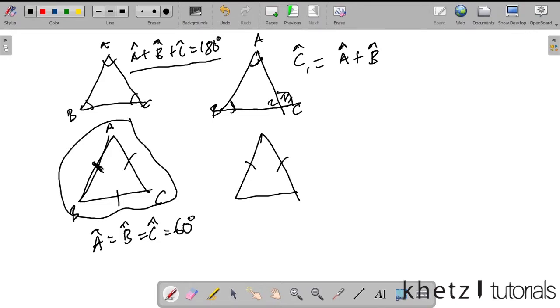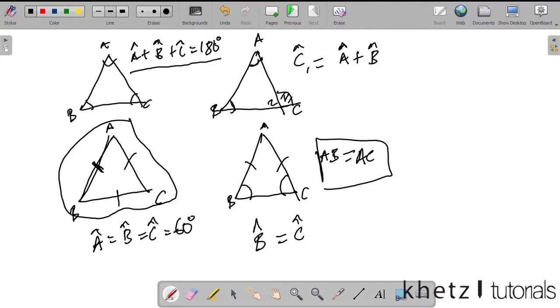This next point says that if you have equal sides in a triangle, they are facing equal angles. So angle B is equal to angle C because AB and AC are equal. The same thing applies here as well. All of the angles are facing equal sides, and therefore would have the same value.